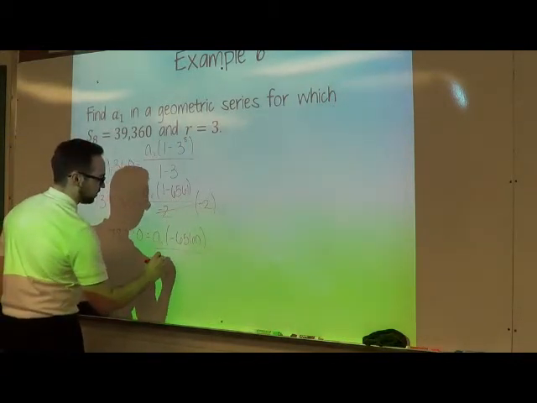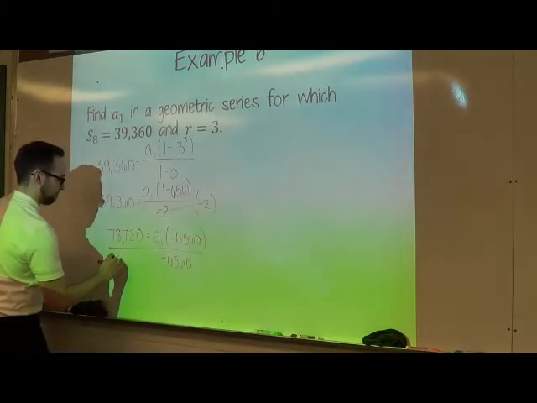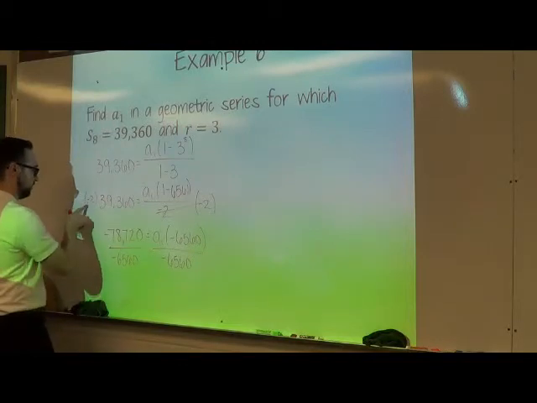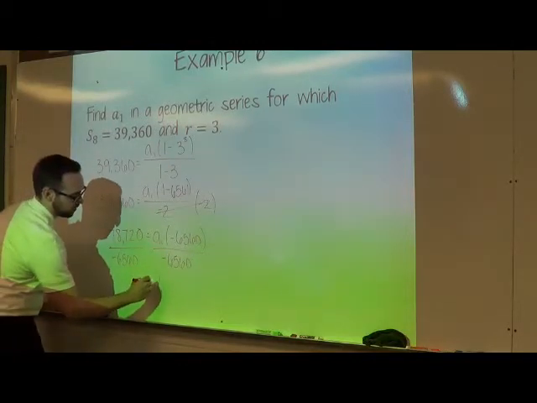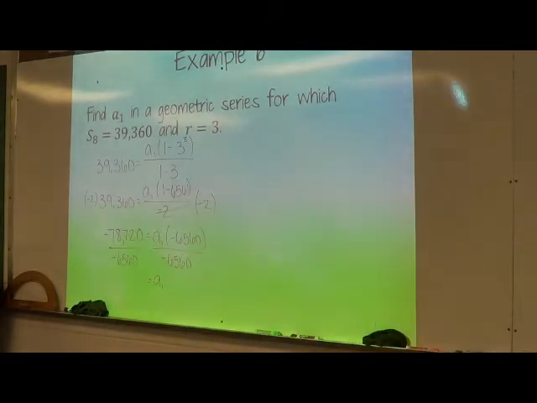We divide both sides by negative 6,560. Oh, and that should be a negative as well, because it's a negative 2. And then we end up with a sub 1 is equal to 12.